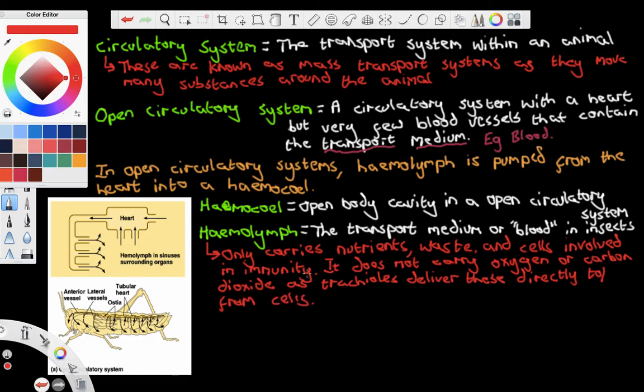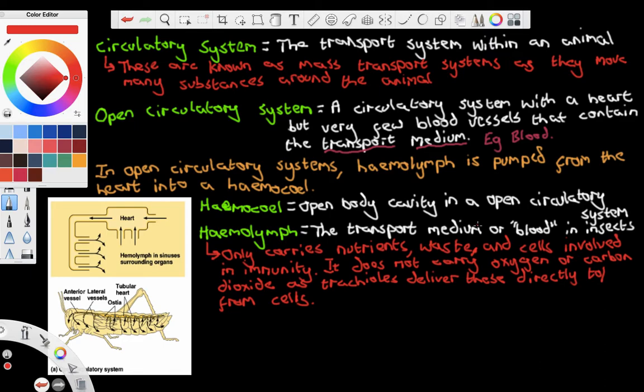So while insects have this hemolymph, which is their equivalent of blood, it only carries nutrients, waste, and cells involved in immunity. It doesn't carry oxygen and carbon dioxide. The reason for this is because insects have something called tracheoles, which deliver oxygen directly to and from cells.